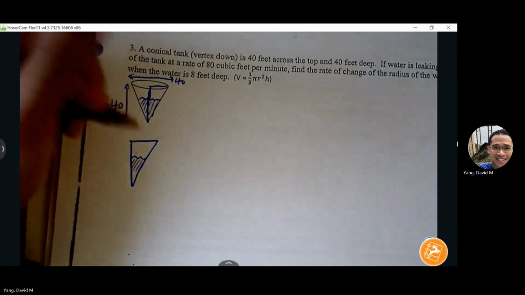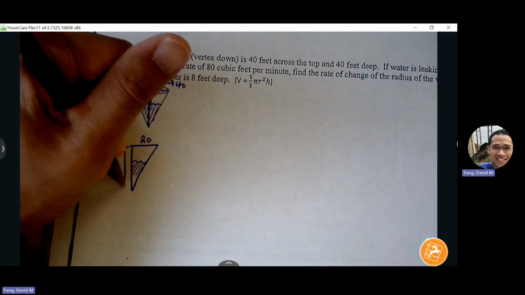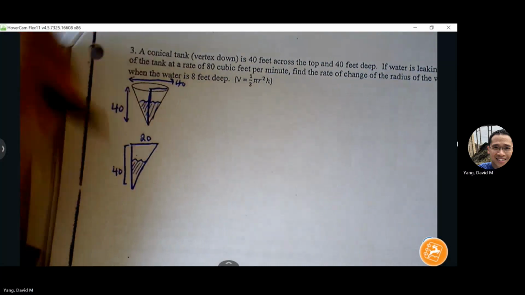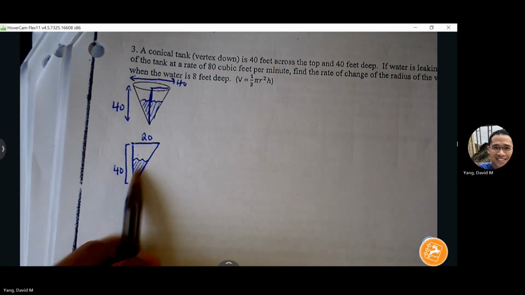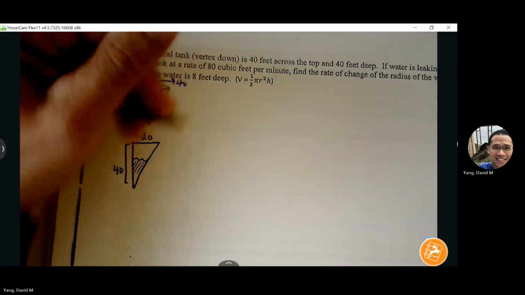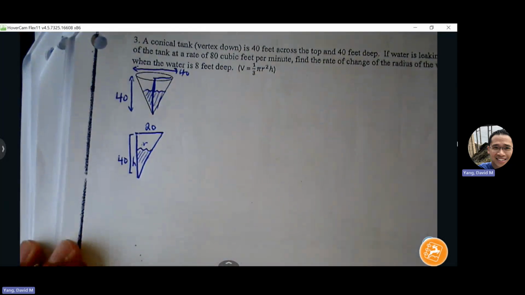So what is the radius of the tank? 20. And the height is 40. But the radius and the height of the water level, those are always what? Changing, right? So we have to let them be represented by variables.